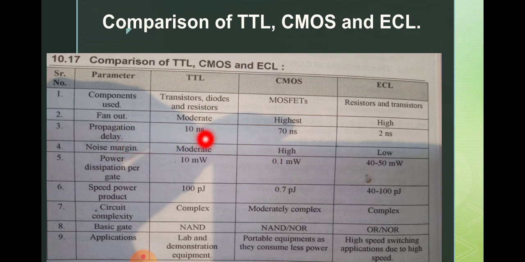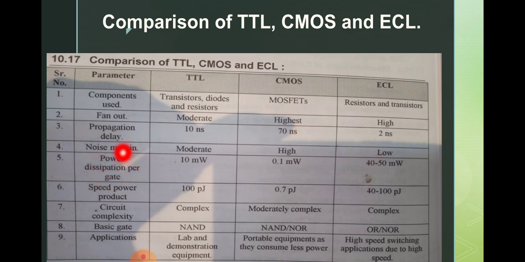Propagation delay in TTL is 10 nanosecond, in CMOS is 70 nanosecond, and in ECL is 2 nanosecond. Now noise margin. Noise margin is a measure of noise immunity. So noise margin in TTL is moderate, in CMOS it is high, and in ECL it is low.